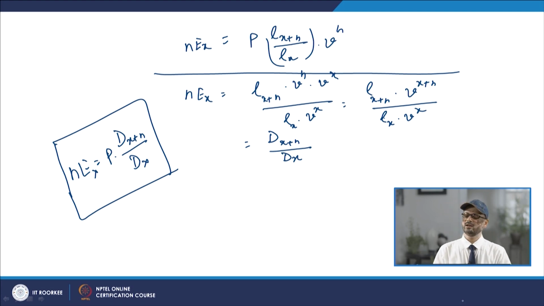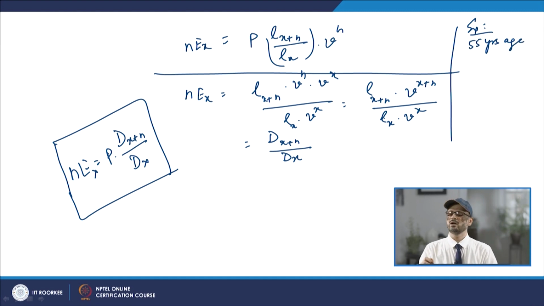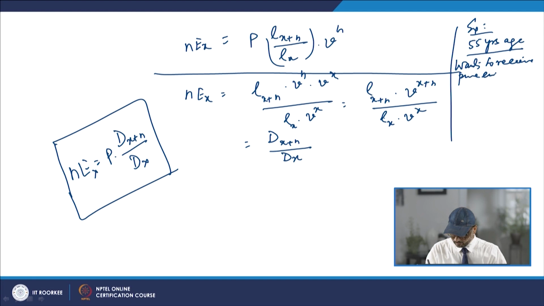Suppose one example is that a 55 years old person wants to receive a pure endowment of $50,000 when retiring at age 65.